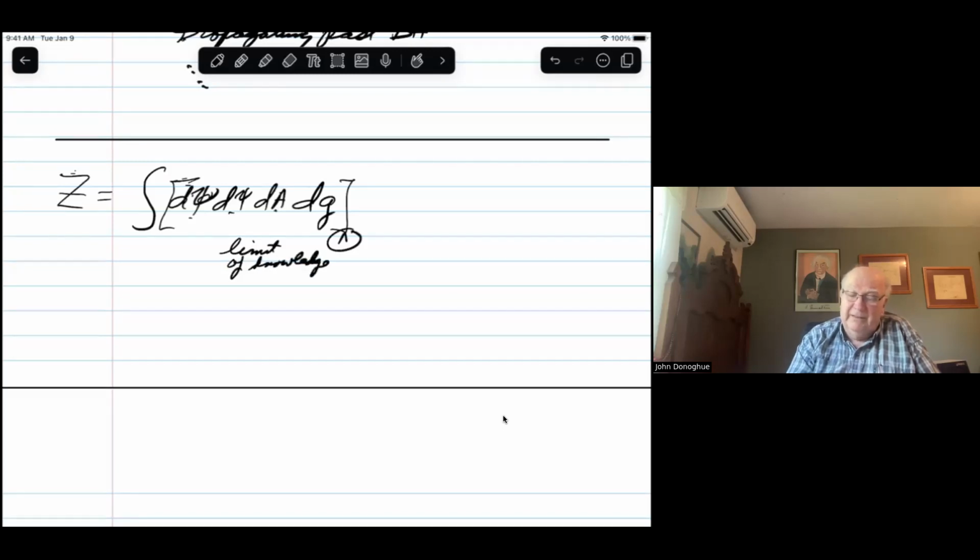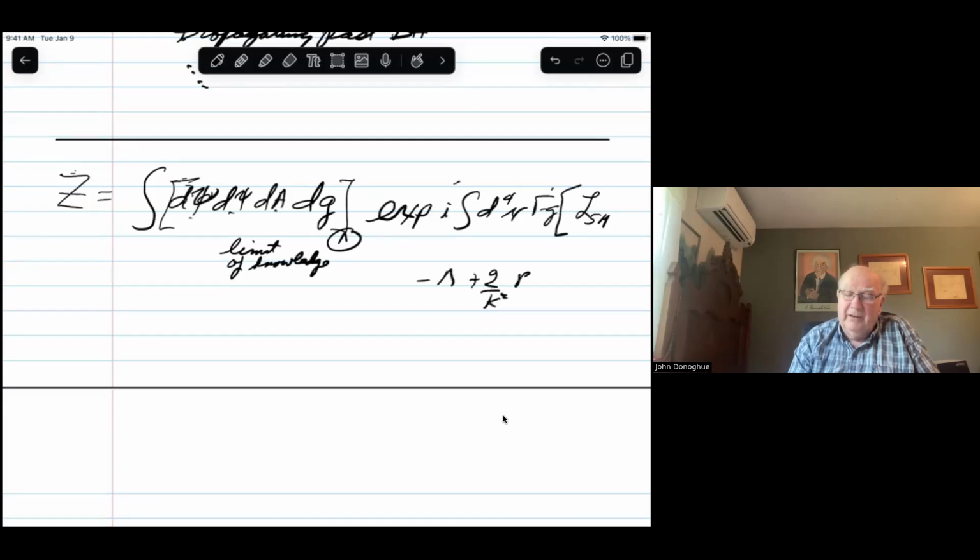Which is these days around the LHC energies. And then we write the exponential of i integral d^4x square root of minus g times the standard model Lagrangian minus a constant plus 2 over kappa squared R plus c1 R squared plus c2 R_mu nu squared.